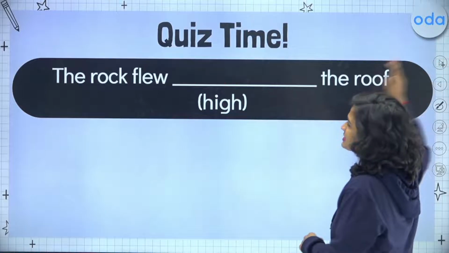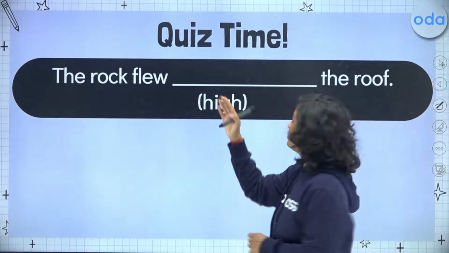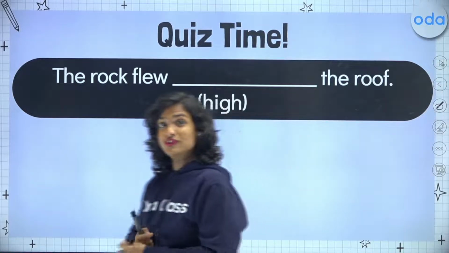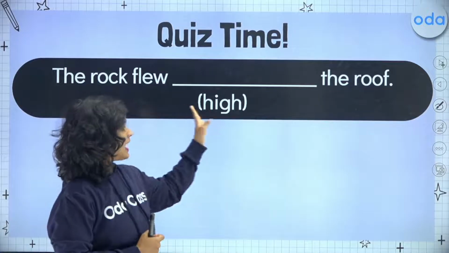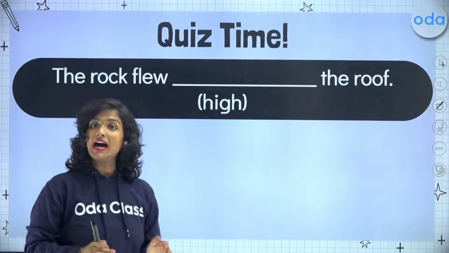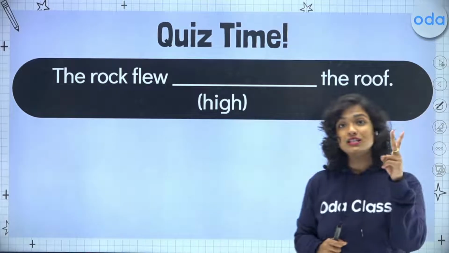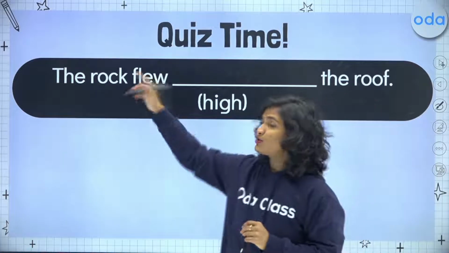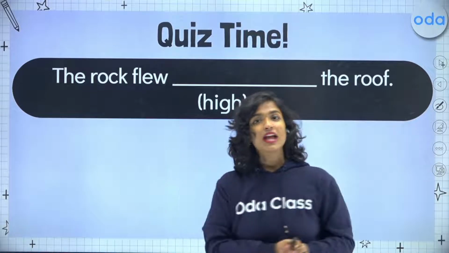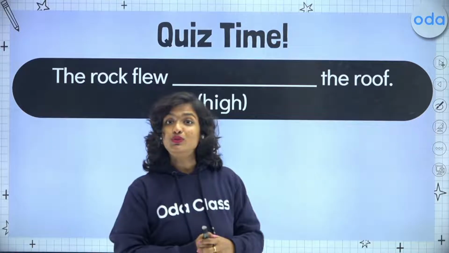Moving on to one more question, students. The rock flew blank the roof. What do you think? The adjective to be used over here is high. Once again, we are making a comparison between two. The comparison is between the height of the rock and the height of the roof.